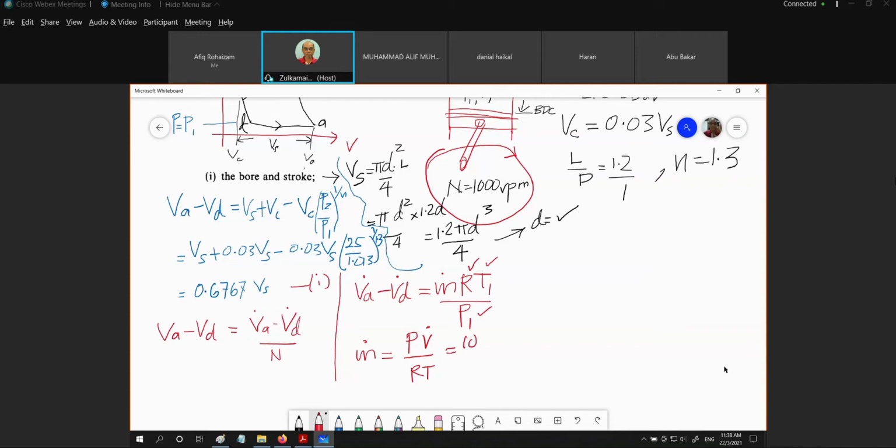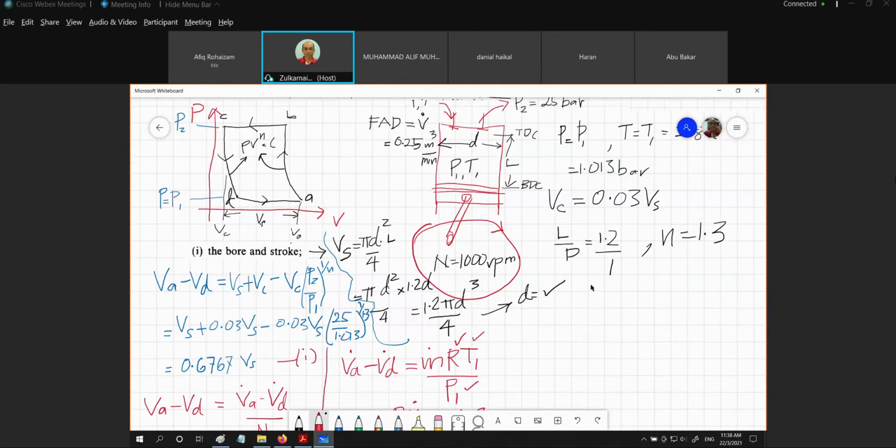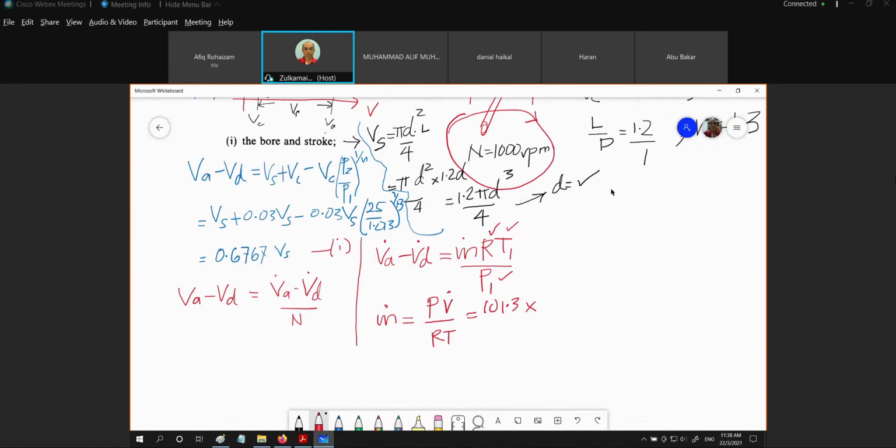P is 101.3 kPa, multiplied by the V dot. In this case, the V dot for the free air delivery is given as 0.25, divided by R, 0.287 constant, and the T is 288.